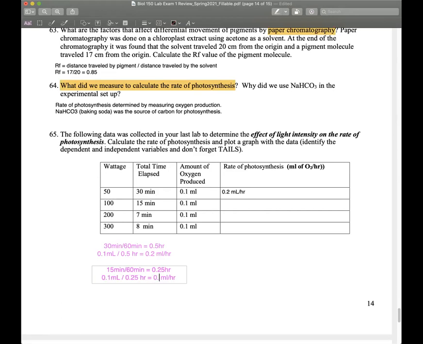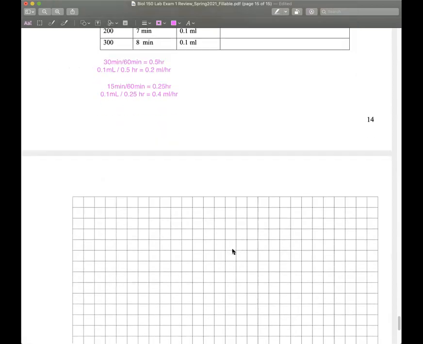Nope. 0.4 and so on. Okay, so that's pretty straightforward as well. So once you have your units all figured out, then it's really easy to calculate this rate of photosynthesis.